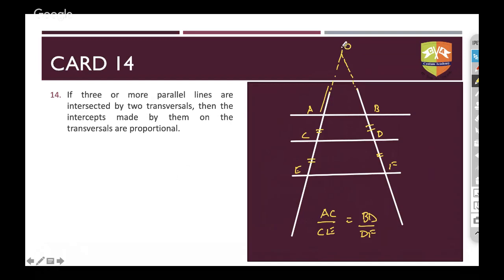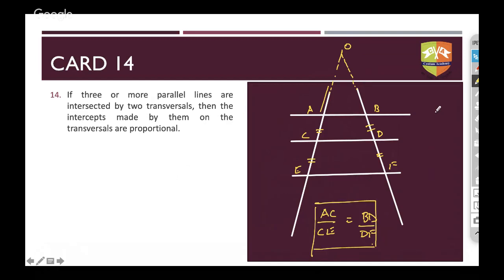And then take triangle OEF. In that you will get OA upon AE is equal to OB upon BF. And from whatever we just proved in the previous card, you can use the same to prove this. I hope this should not be a big challenge for you guys.